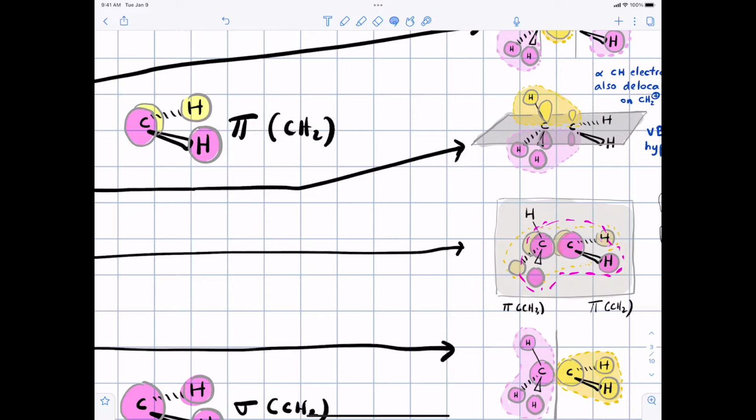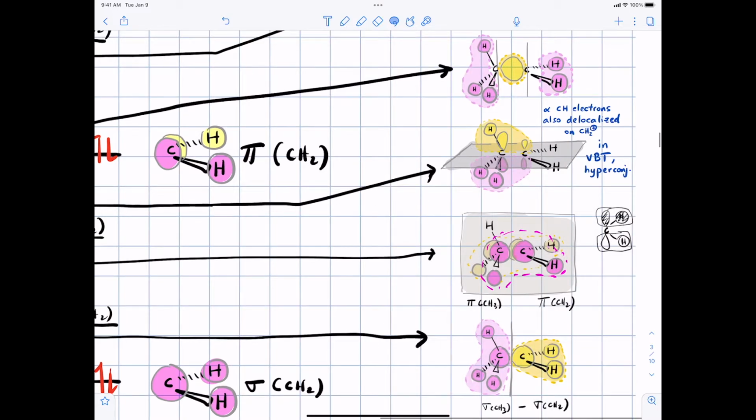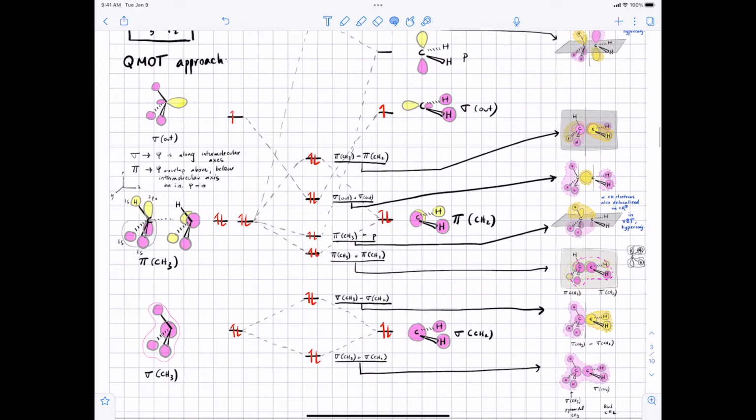Because that one on the top, it's also CH3 and CH2, but they overlap differently. Right, and that's governed by symmetry. The diagram is sort of difficult, so let me just try to circle things.